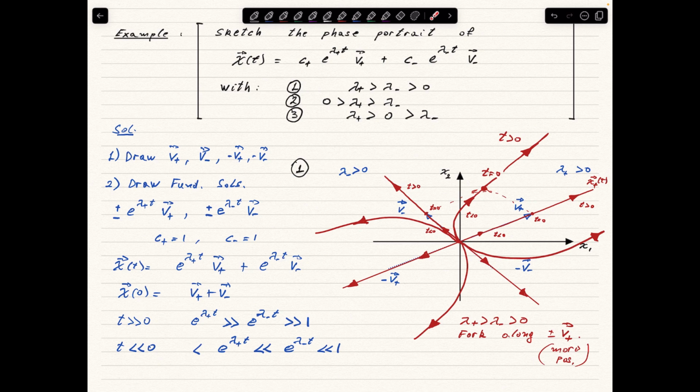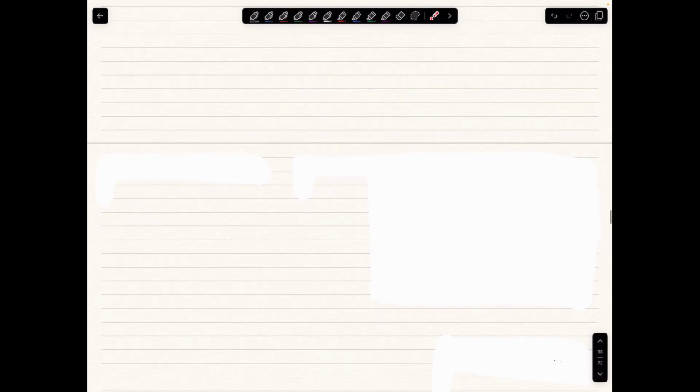So now let's do the other case, just to have a little bit more practice. This case, both eigenvalues negative. And how do we do it? In the same way as before. We start drawing the vectors.